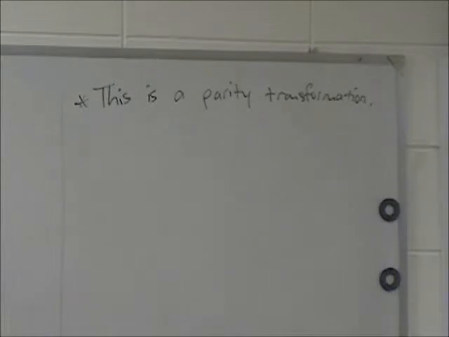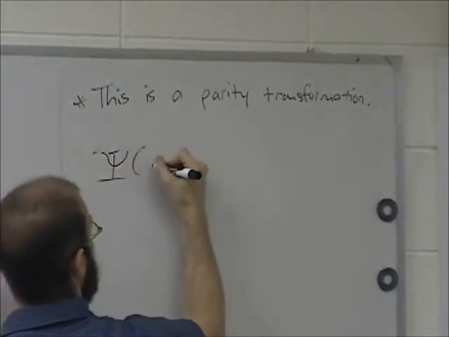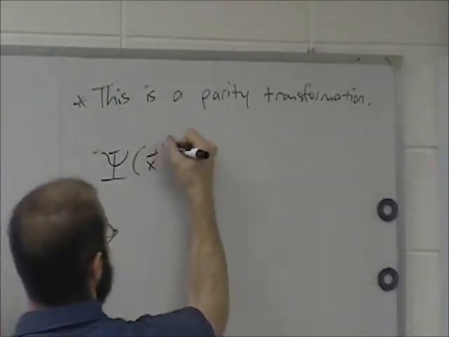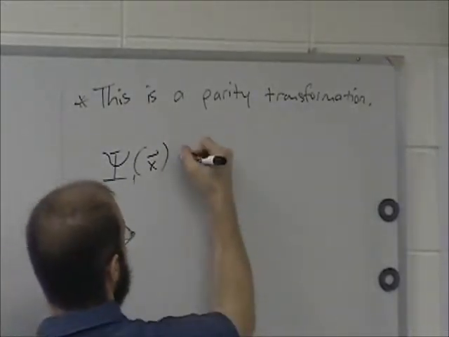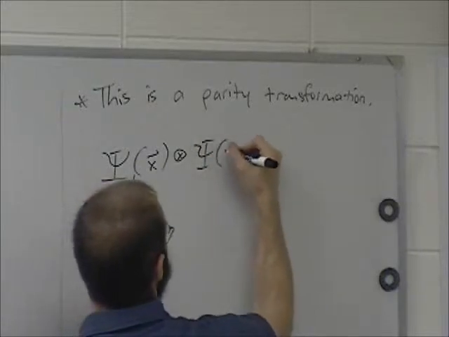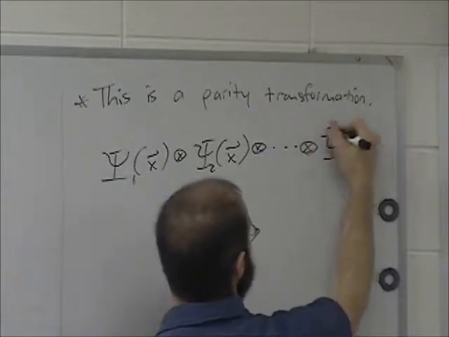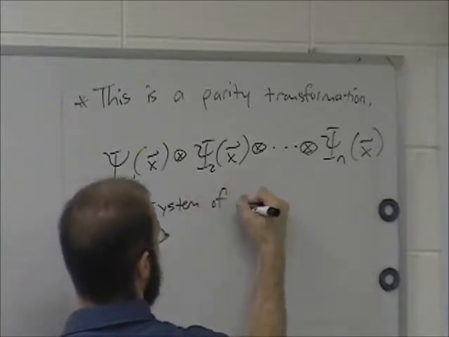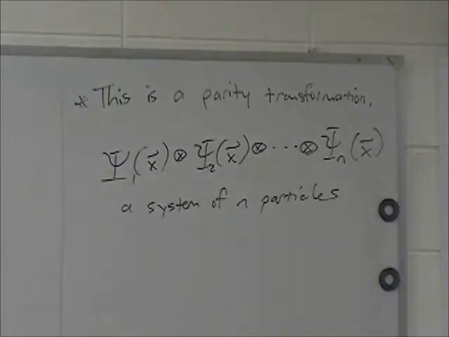Another thing that you can use the symmetric group action for is if you have a wave function. Okay, and this is a multi-particle wave function. So I have psi, let's call it psi 1 of x, and I'm going to use the big boy notation, psi 2 of x, and so I have a system of n particles, with the corresponding wave functions psi 1 to psi n.